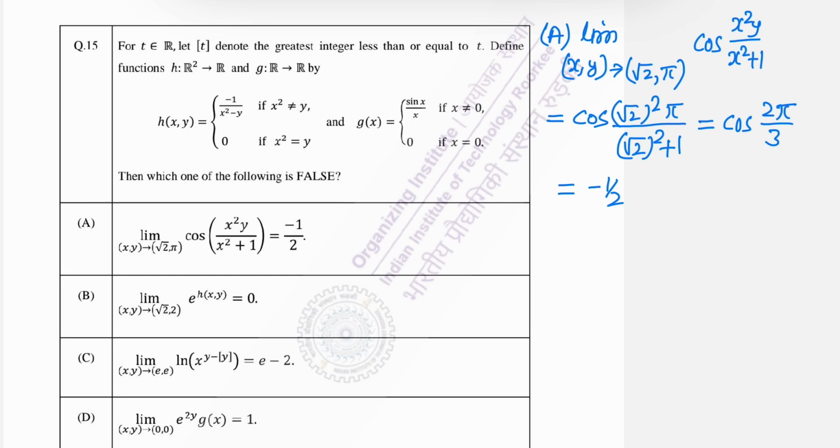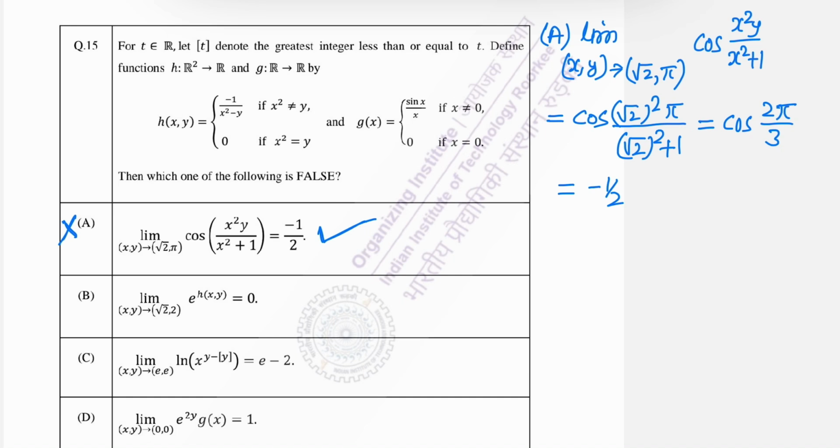So our limit given in option A is correct, but we have to choose the false one, so this is not our option.